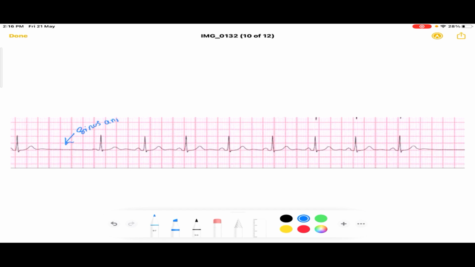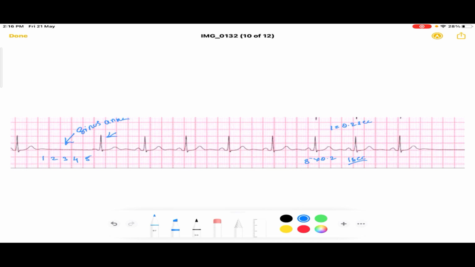This is 5 large squares, and 1 large square is equal to 0.2 seconds, so 5 into 0.2 would be 1. So this pause is for 1 second. There is a sinus arrest followed by a wave. So this is an escape beat now.